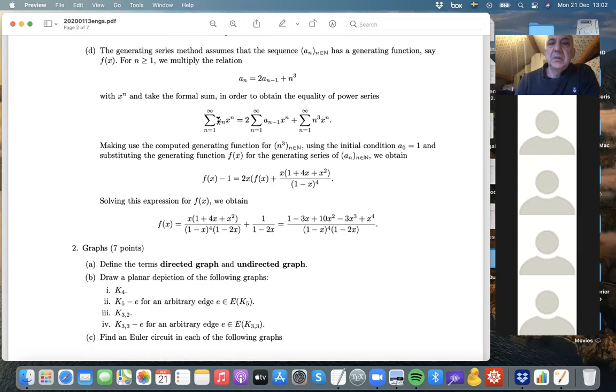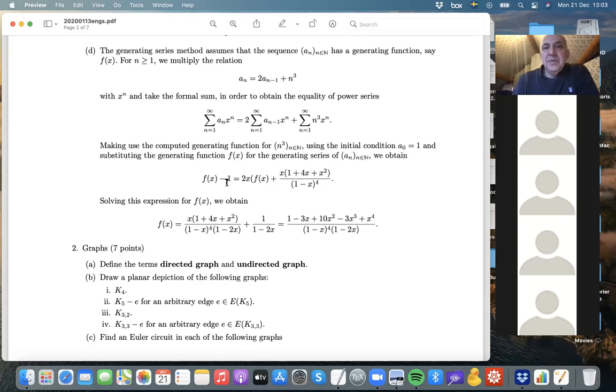Plus a0, this would be the generating function for the whole sequence, which we denoted by f(x). And what we have here with summation from 1 is f(x) minus 1, because a0 is 1.